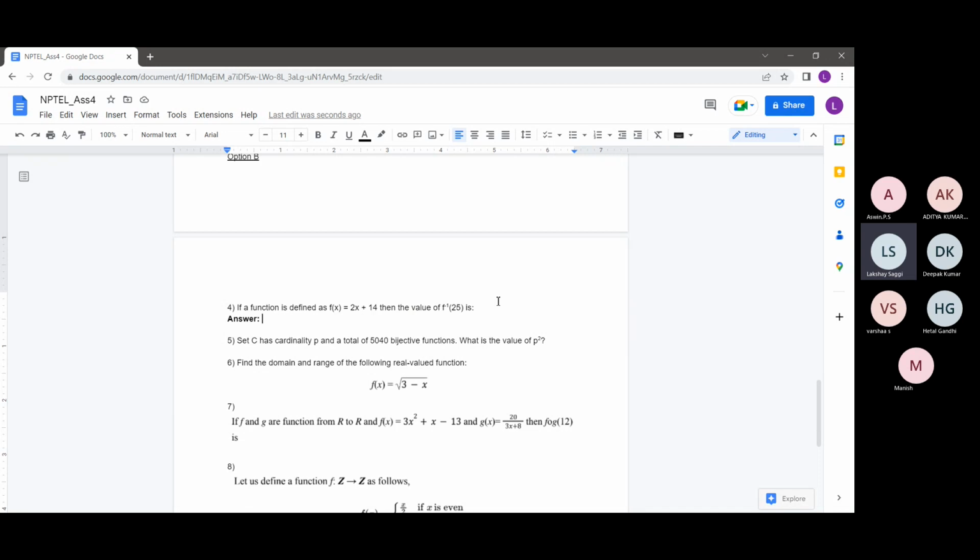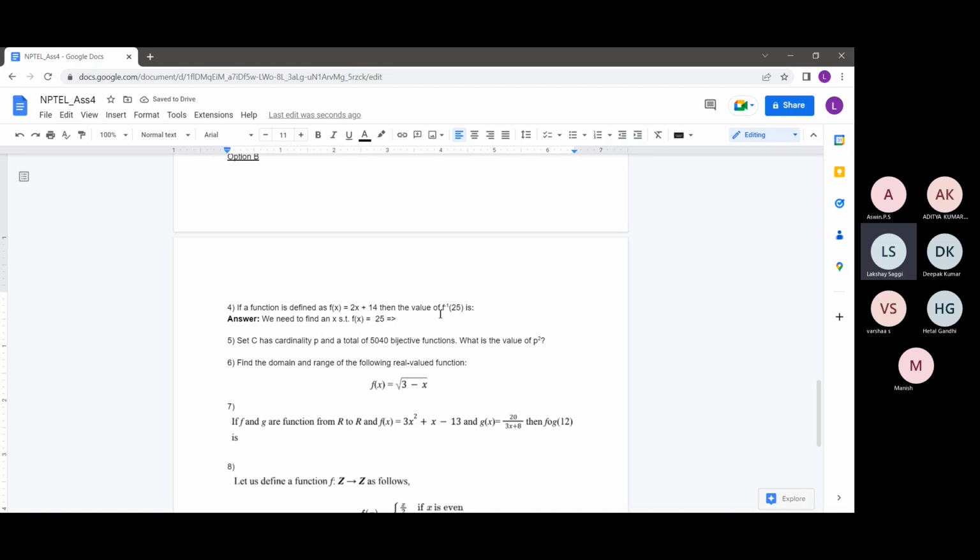So coming to the question again, basically we need to find f inverse of 25. What is meant by f inverse is that we need to find an x in X such that f of x is equal to 25. So this is what is meant by an inverse, right?